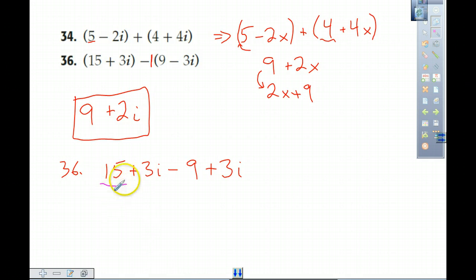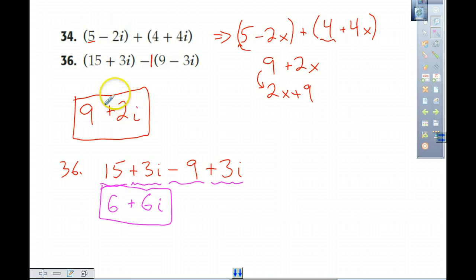So we have 15 and a minus 9, which is 6. And 3i plus 3i is 6i.